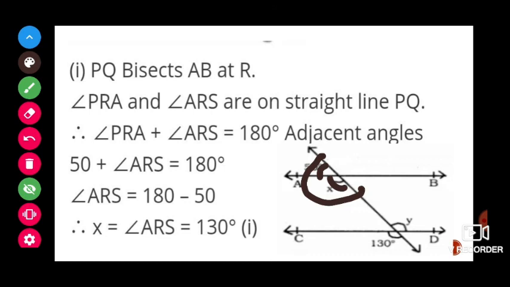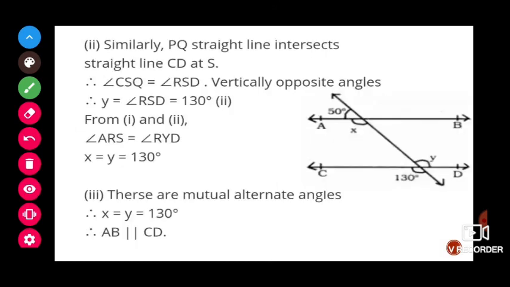After getting this x, children, now we can find the value of y. Now to find the angle y, here angle y is the vertically opposite angle of CSQ.